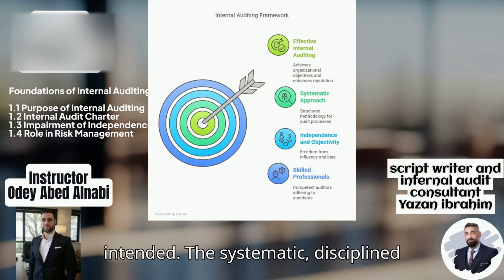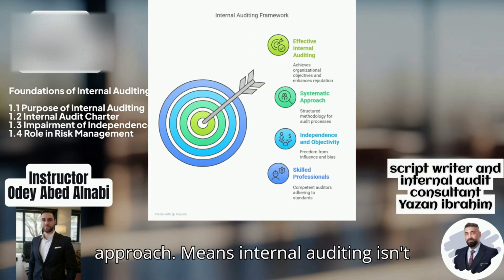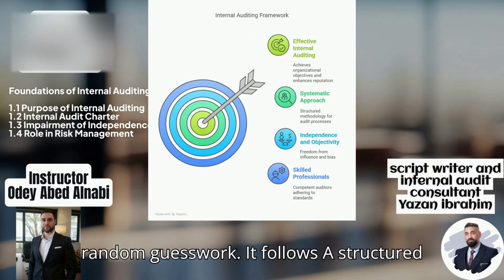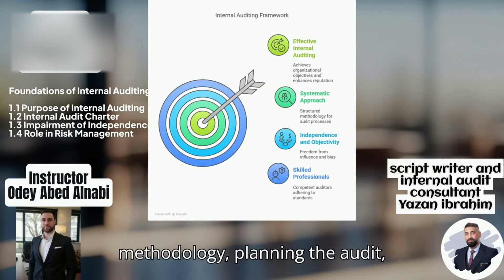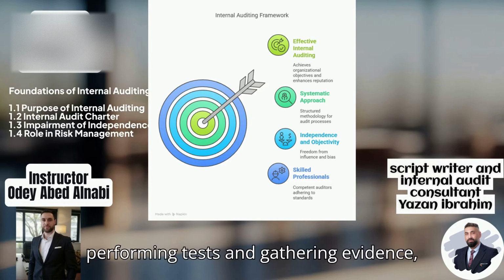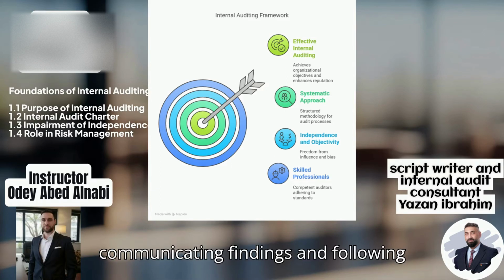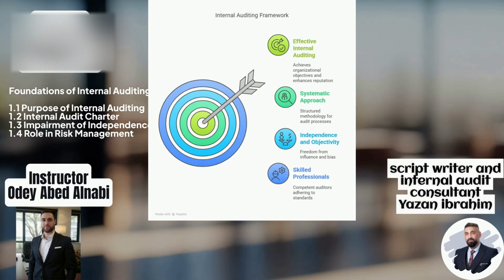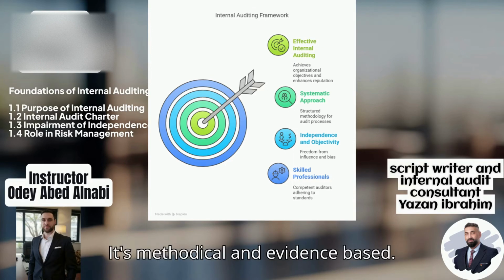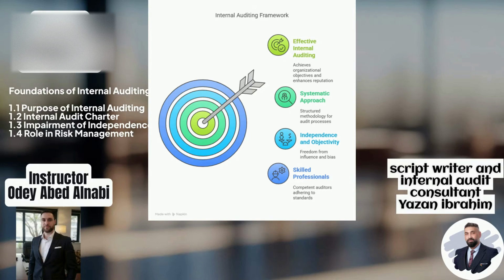The systematic, disciplined approach means internal auditing isn't random guesswork. It follows a structured methodology, planning the audit, performing tests, and gathering evidence, evaluating the results, communicating findings, and following up on recommendations. It's methodical and evidence-based.